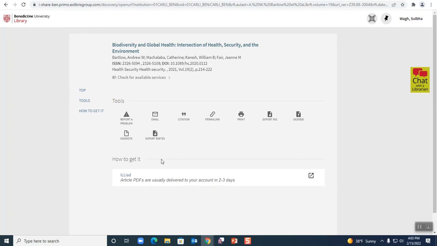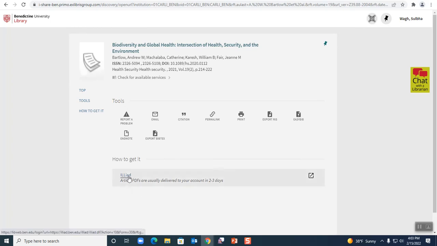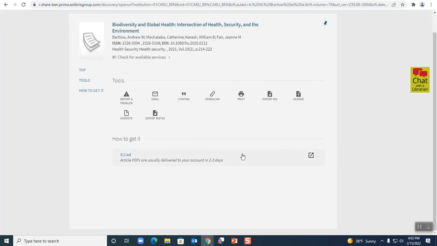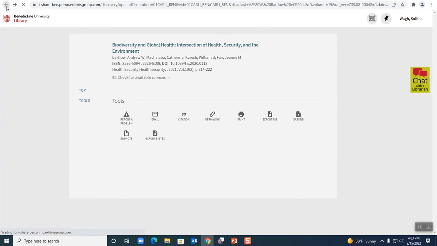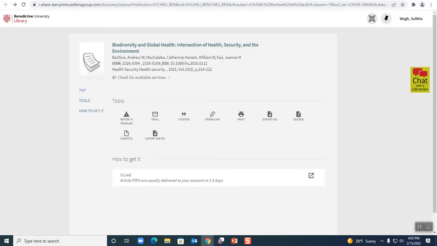This is going to be taking me to the page where it tells if we have it here. It says get an interlibrary loan, and so we don't take this journal. But if you had the PDF, it would have appeared there, but we can always double check, make sure that we really don't have it, okay?